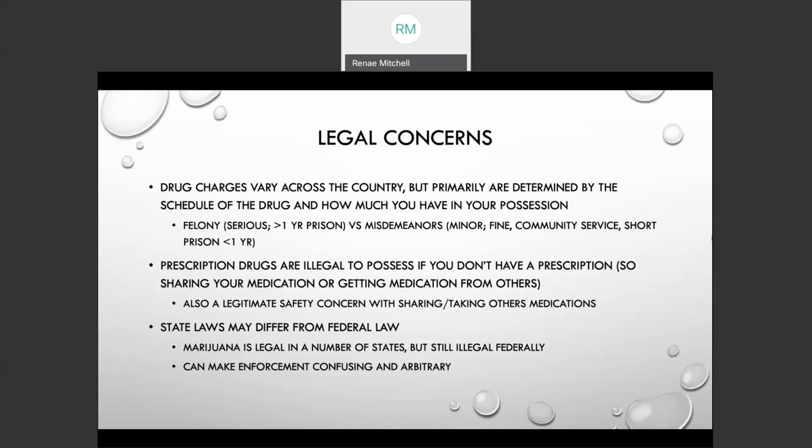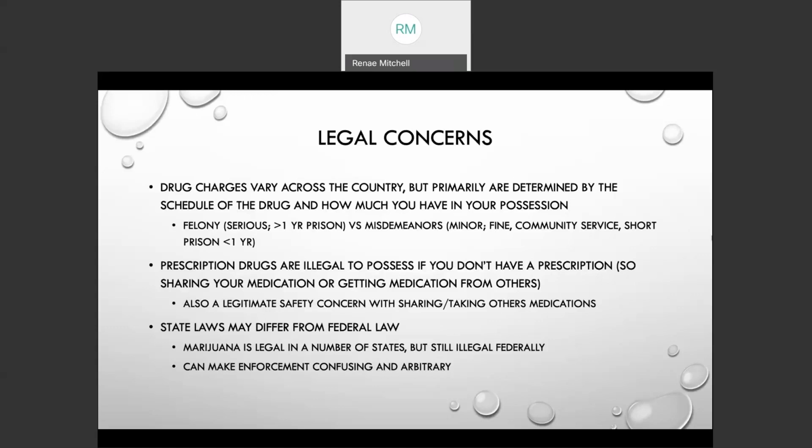There's also a legitimate safety concern in sharing prescriptions. Prescription medicines are often tailored to the individual. They're prescribed by a doctor, taking into consideration the other prescriptions that person has, their age, weight, health, etc. And so if you cross prescriptions without taking those things into consideration, it could be dangerous.